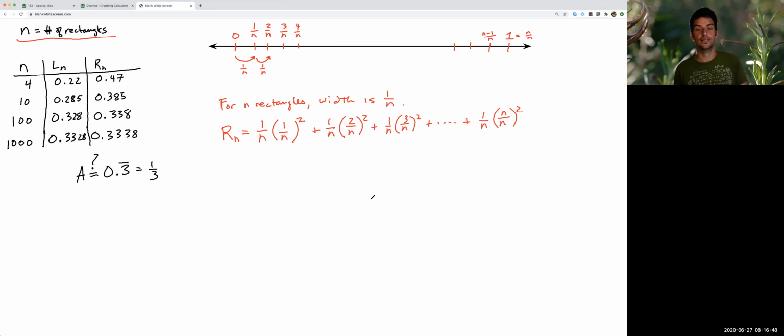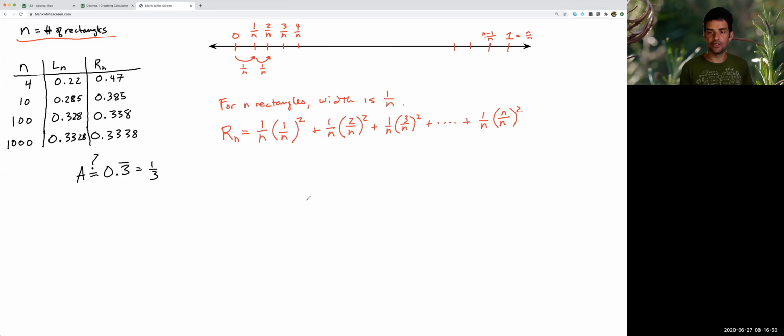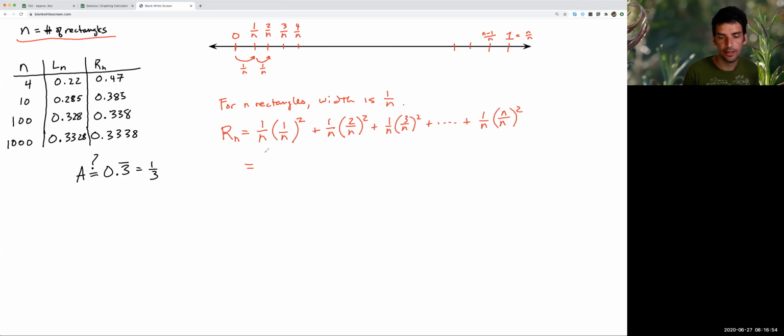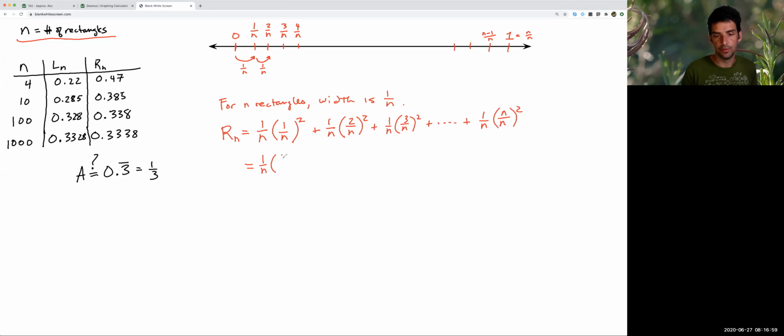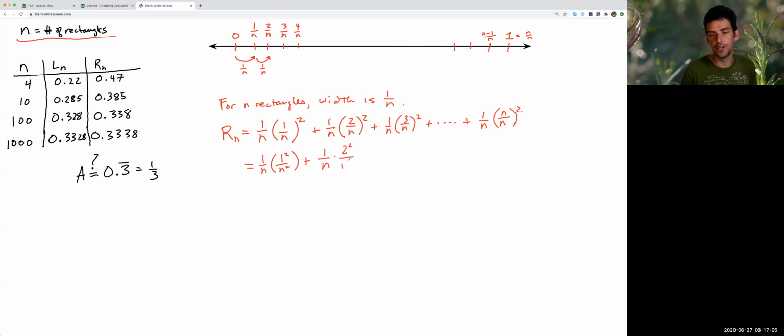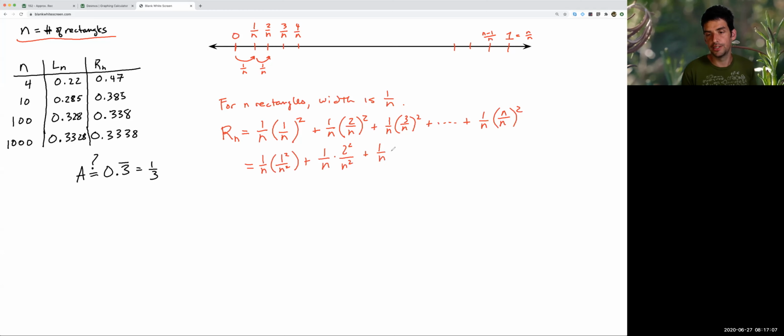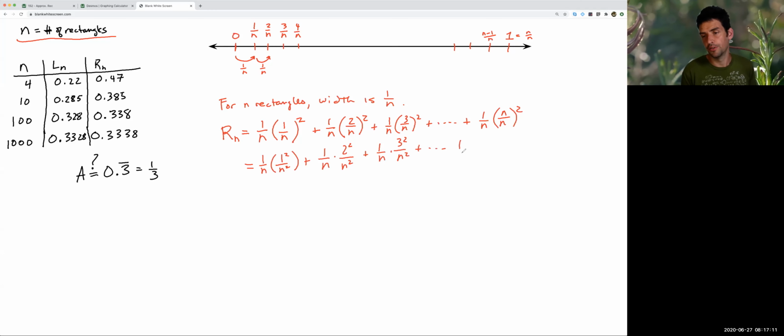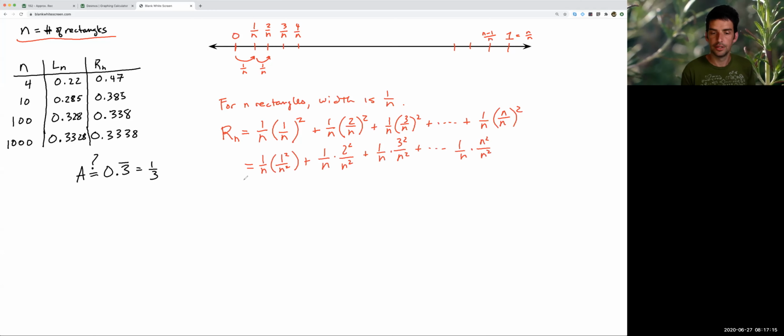Okay. All right, let's do a little bit of algebra to this thing, right? I get 1/n times 1 squared over n squared plus 1/n times 2 squared over n squared plus 1/n times 3 squared over n squared plus 1/n times n squared over n squared.